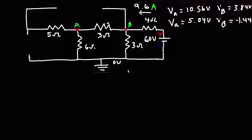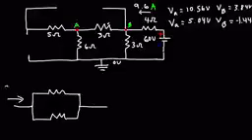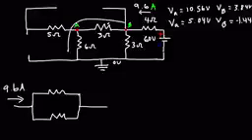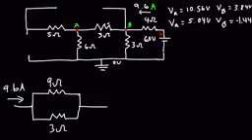So now that we have that, we can use a current divider network to determine what the next current will be. So we have 9.6 amps entering this area, and it can flow either through the 9 ohm resistor, or it can flow through the 3 ohm resistor to get back to the negative terminal of the battery, or to get back to ground. So let's calculate the current flowing through the 3 ohm resistor.